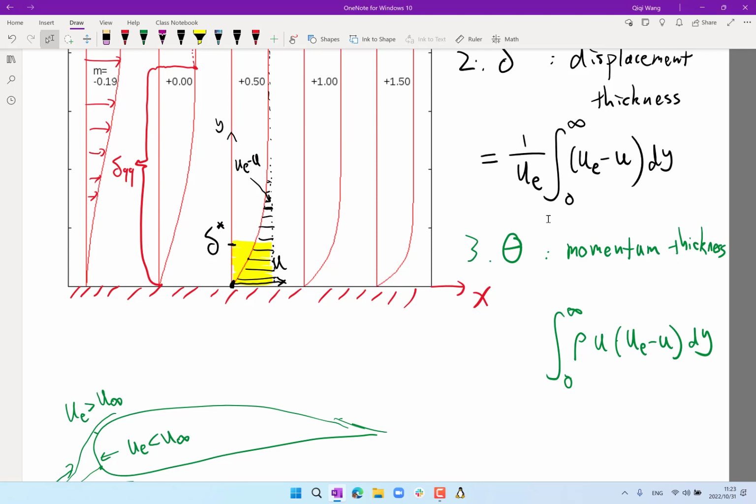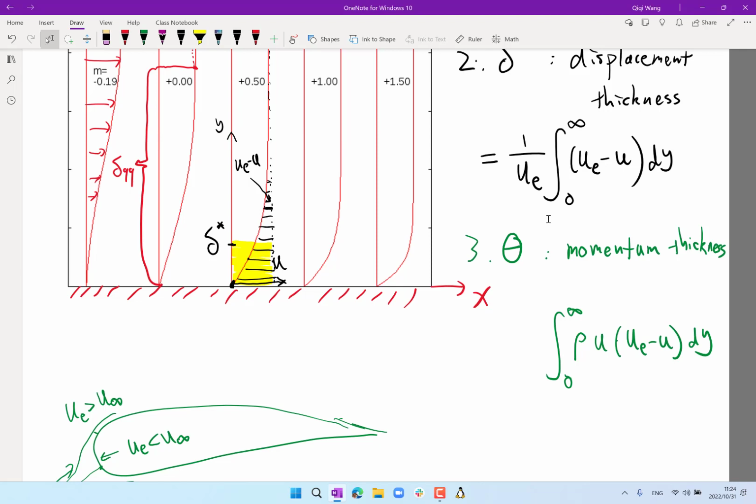That's the momentum of that amount of mass flux if there were no boundary layer. But now we have a boundary layer, so the momentum of that amount of mass flux is rho u dy, which is the mass flux, times u instead of UE. So this integral is the difference between the no boundary layer scenario and the boundary layer scenario for the same amount of mass flux.